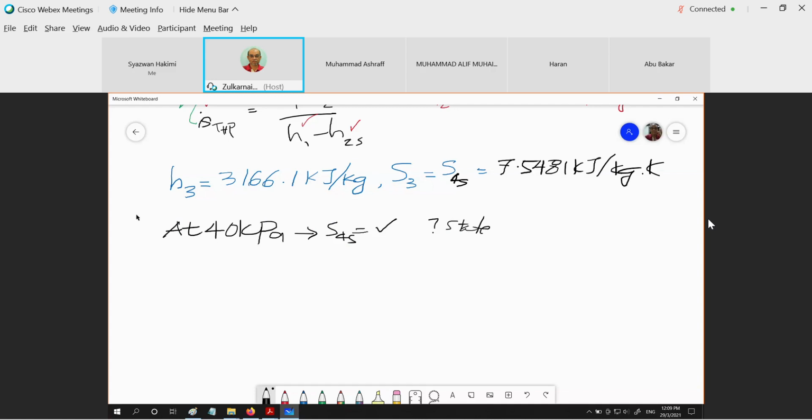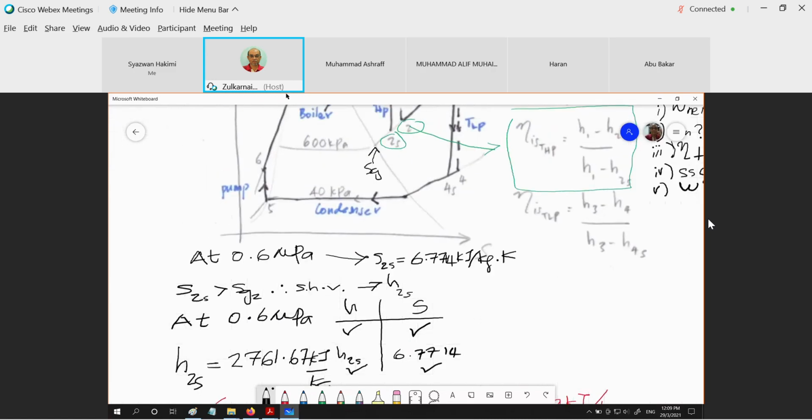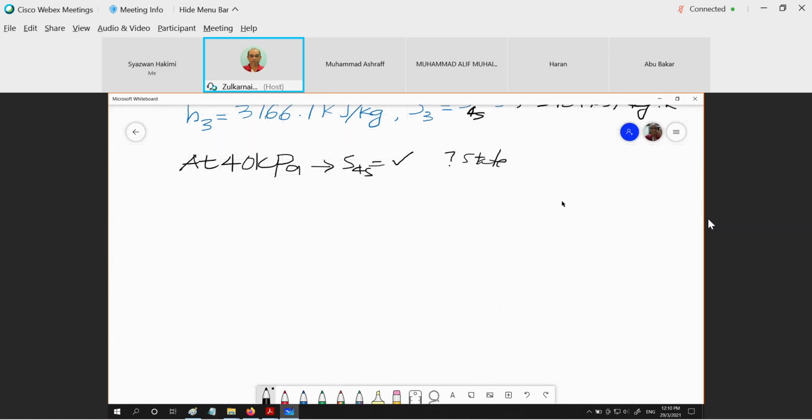We need the SG4. Is the S4S less than SG4? Then mixture. If the S4S is greater than SG4, superheated vapor. So now let me know the magnitude of this S4S compared with the SG.